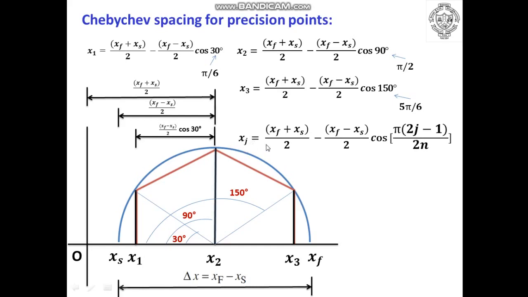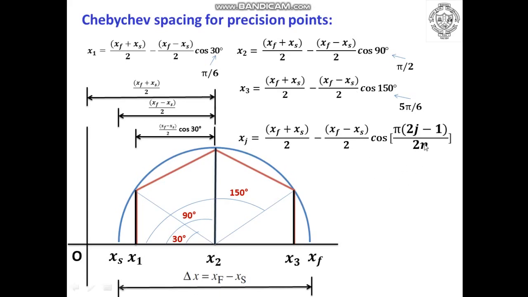So xj is considered as xf plus xs divided by 2, so this term will be as it is, minus r, the term of r, that is radius, which is xf minus xs divided by 2, will also be as it is. Only there will be a change in the angle. Previously it was given in degrees by direct values, because we had some graphical form, but now we have to express it in terms of pi.